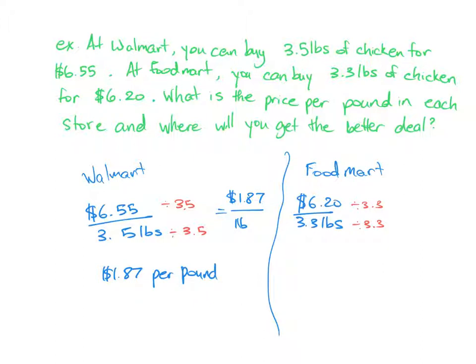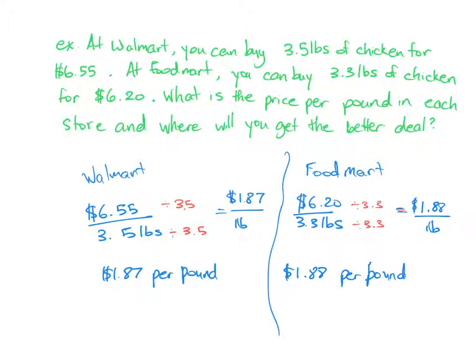And when you do that, your answer rounds to $1.88 for each pound. Now, that is not a very big difference. So let's write that down, $1.88 per pound.